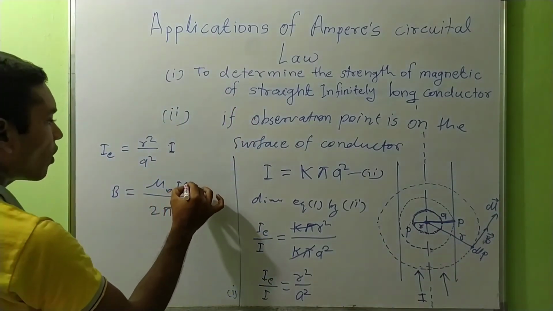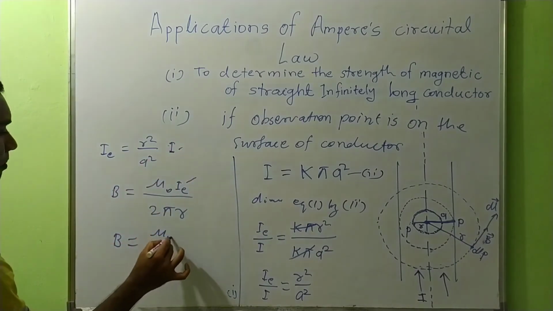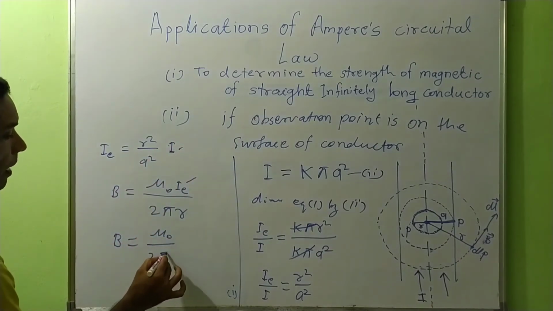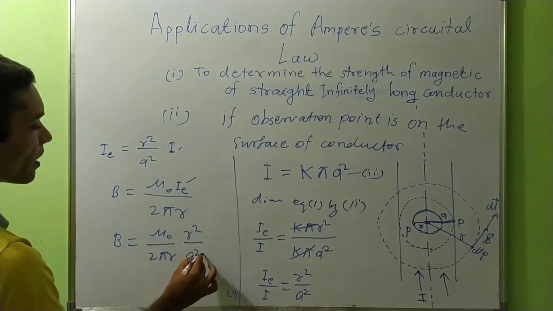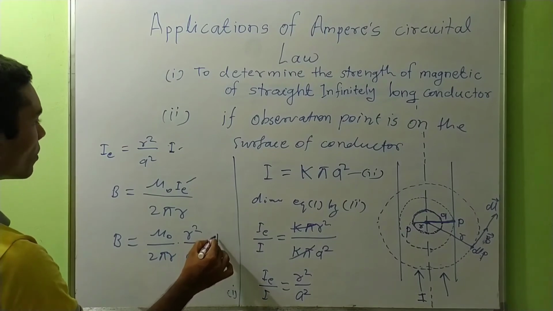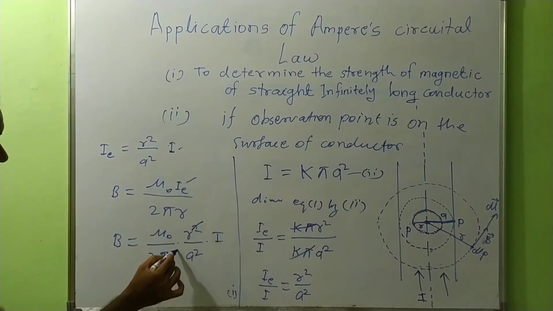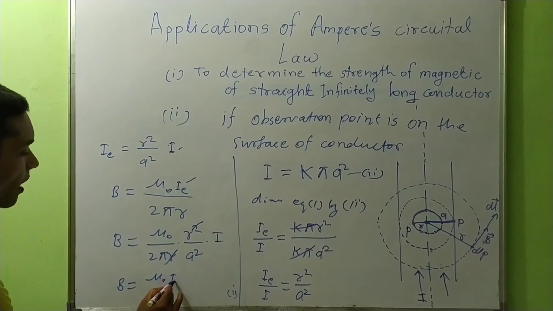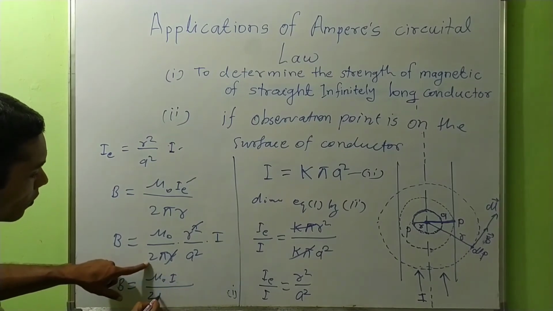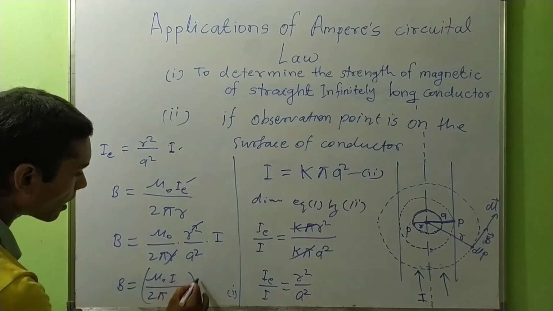On putting the value of I_E from this equation, B will be mu naught upon 2 pi r into r square upon a square into I. Okay, r cancels from r, so B will be equal to mu naught I upon 2 pi a square into r.